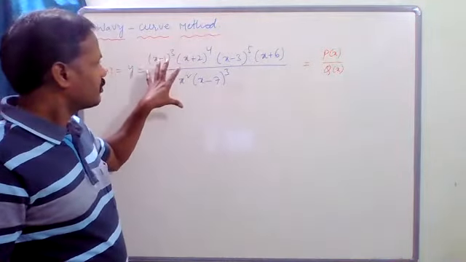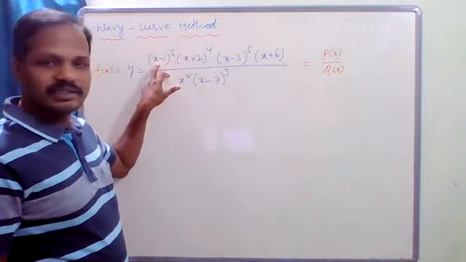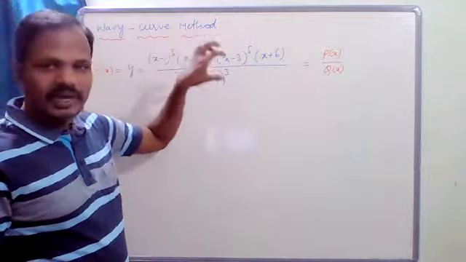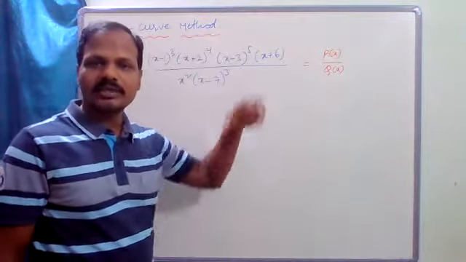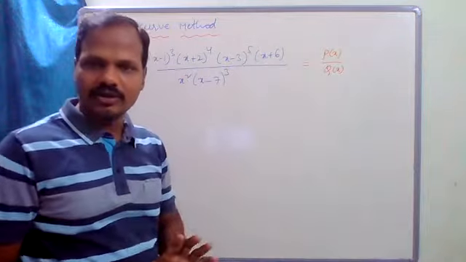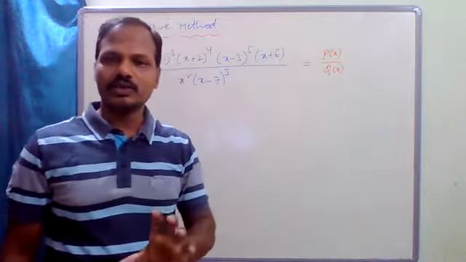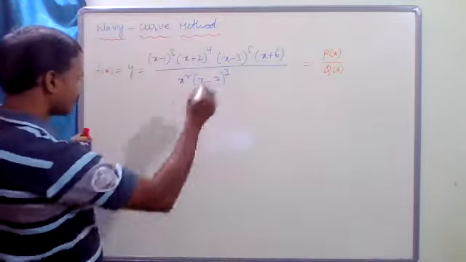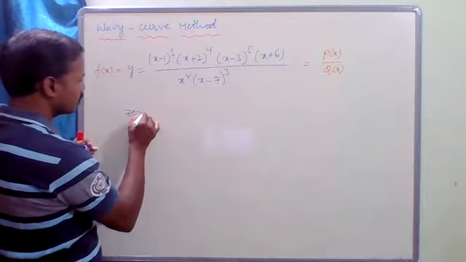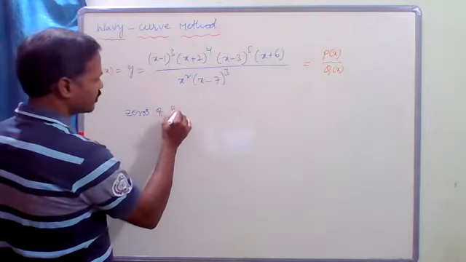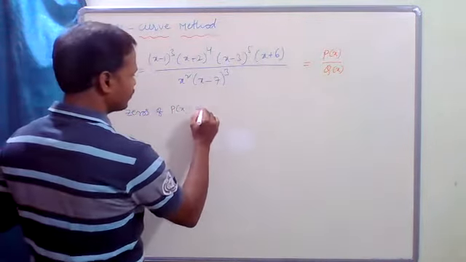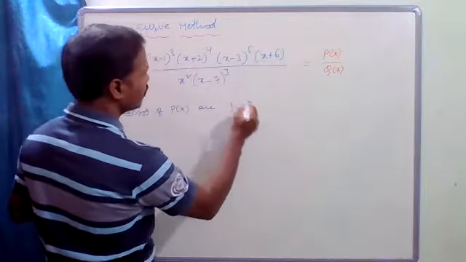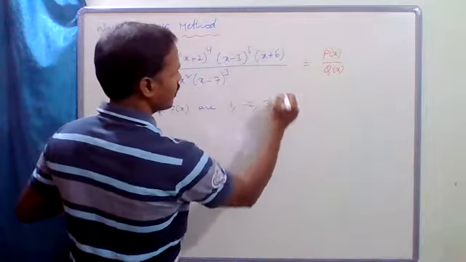So here, at x equal to 1, this is 0. That means we have to collect the zeros of p of x and q of x. Zeros of p of x are 1, minus 2, 3 and minus 6.